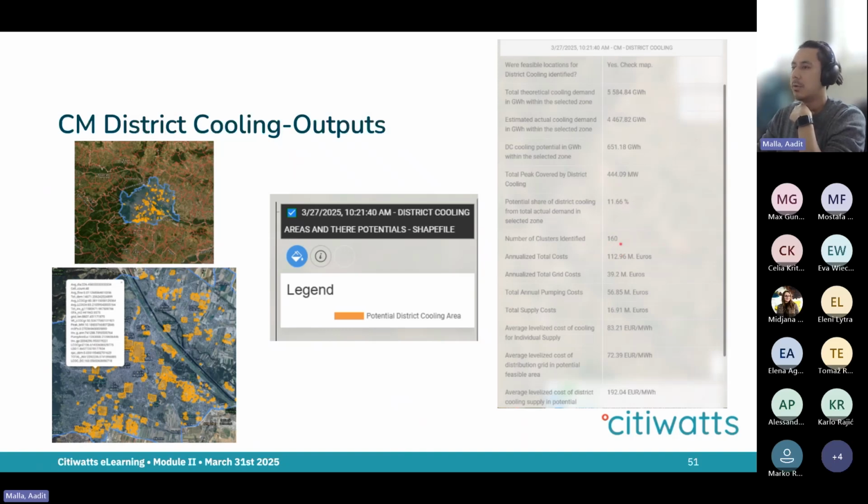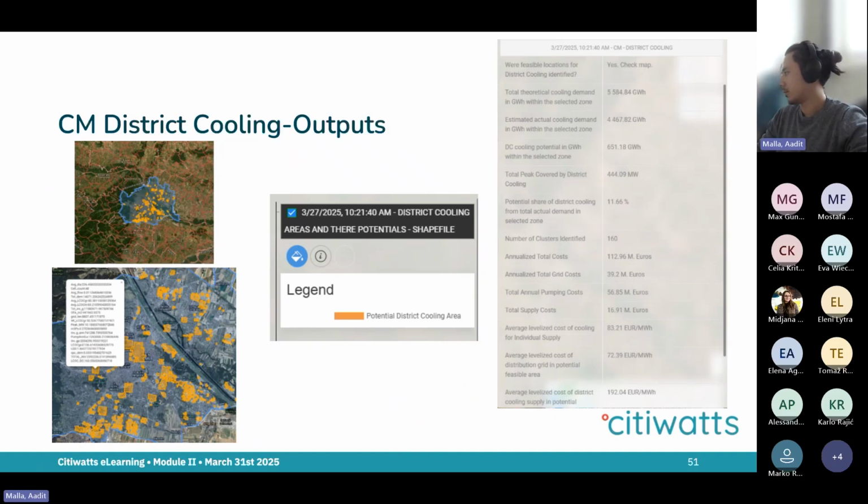But again, district cooling networks in general are much smaller and scattered across cities rather than one big network as seen in district heating. And also we have costs associated with investments: the levelized cost of supply, as well as the overall costs for district cooling supply.